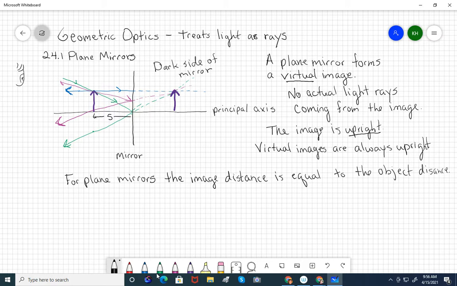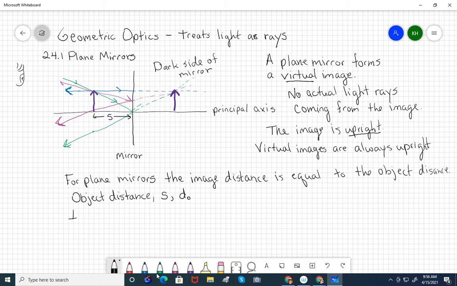So, object distance, the symbol the textbook uses is an S. The symbol that your lab uses is actually going to be a D with a little O. Both of those are very common, so you might as well be familiar with both.